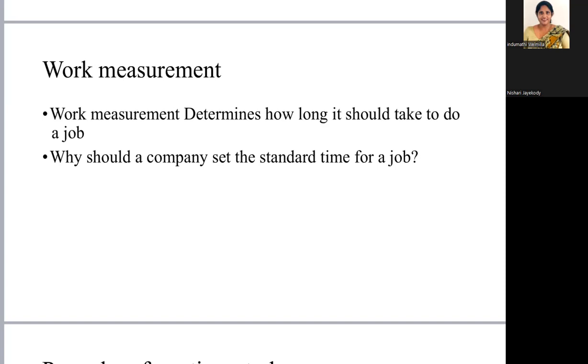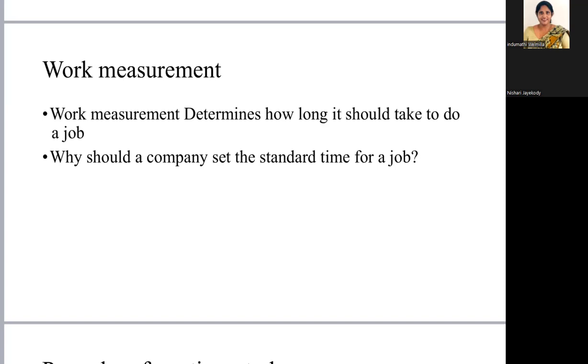And planning should also be there. Standard time also helps a company to plan. If you know how long it takes to do a job and how often that job is repeated, you can plan your workload from that job.